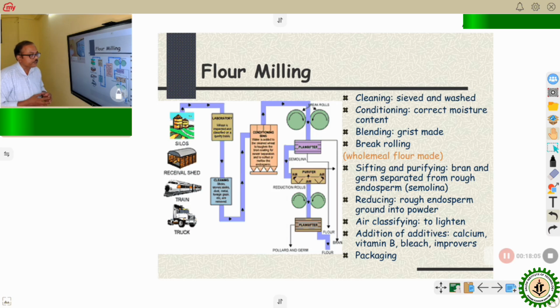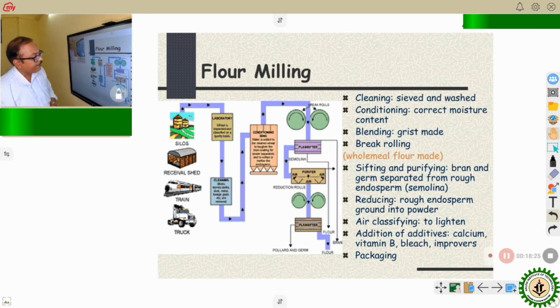These two are mixed together in different proportions, and then finally, once the flour is produced, it will have 11% protein content. So blending is necessary for that purpose, followed by the actual milling operation.